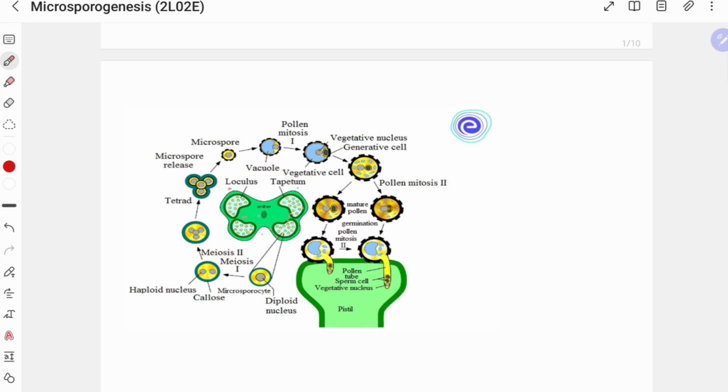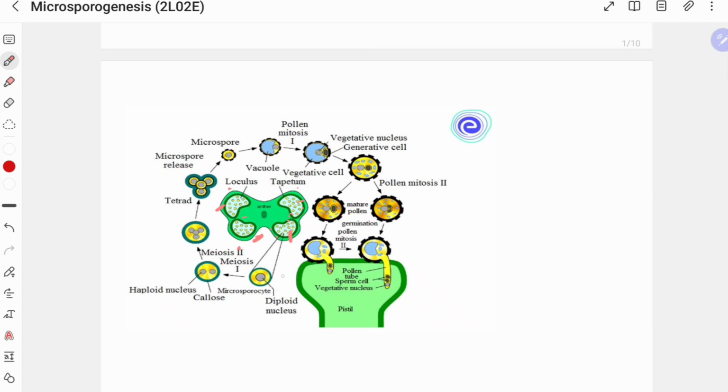This is the TS of anther, the TS of pollen sac. Then you see the chambers, the pollen chambers, and in this chamber, the loculus, microsporocytes are formed.